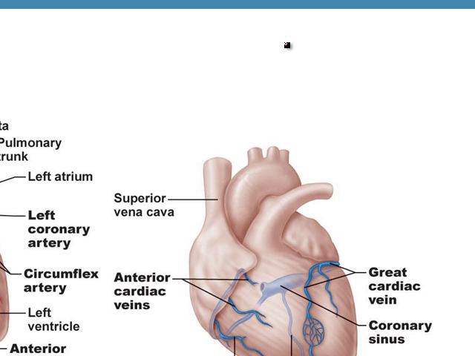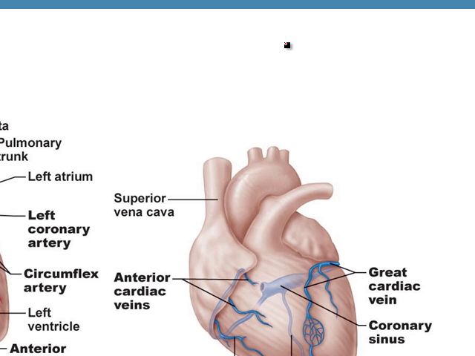Coronary what and coronary who? Coronary arteries are going to take blood away from the heart and bring blood where? To the heart muscle itself. So we see the left coronary artery coming right off of the aorta, and it's kind of tough to see that. It looks like it's coming off the pulmonary trunk, but it's not.